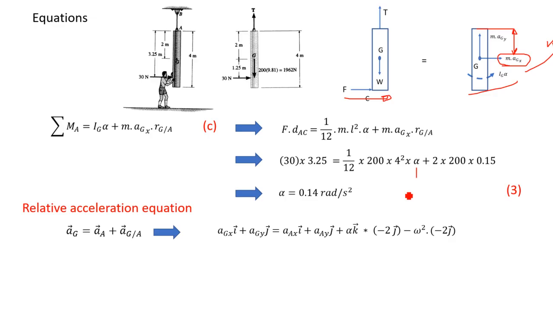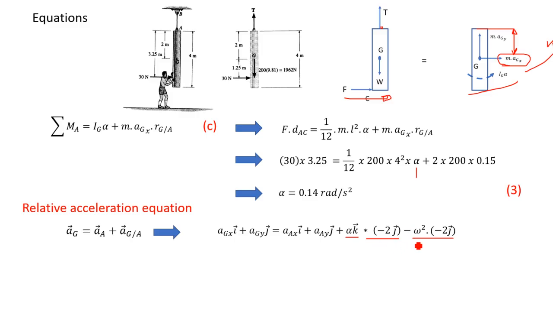So we have here alpha K multiplied by the distance from point G to the point A, minus the omega square multiplied by the distance from G to A. Now, from A to G is the distance, so it's going to go down by minus 2 meters in the y direction.